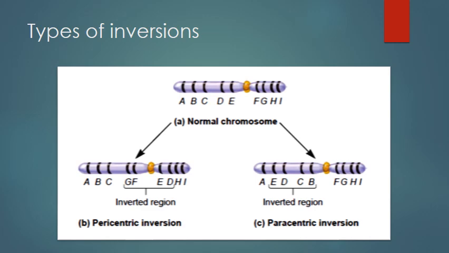Researchers classify inversions according to the location of the centromere. If the centromere lies within the inverted region of the chromosome, the inversion is known as pericentric. Alternatively, if the centromere is found outside the inverted region, it is called a paracentric inversion.